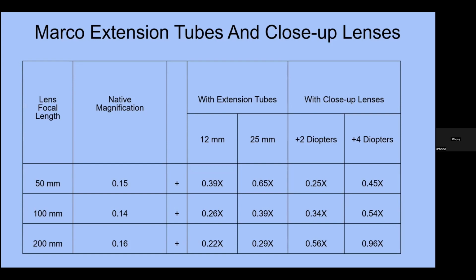And with the close-up lenses, they come in diopters. The Nisi is a 4x or 4 plus 4 diopter, and at a 200 millimeter lens, you can get 1-to-1, and it's a pretty heavy piece of glass.